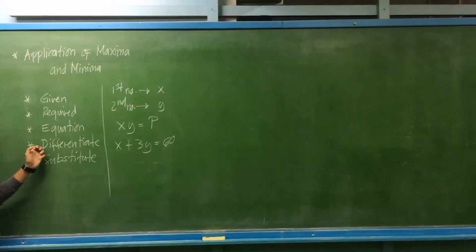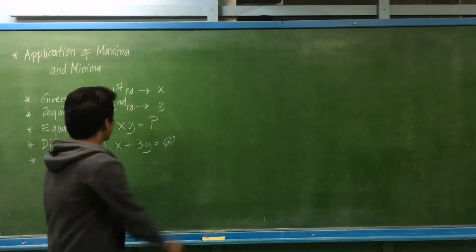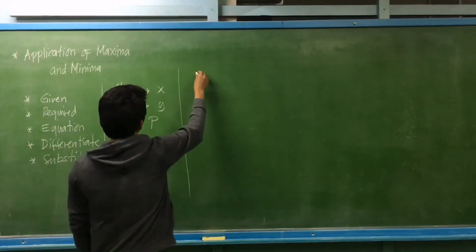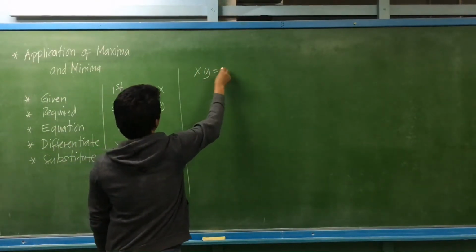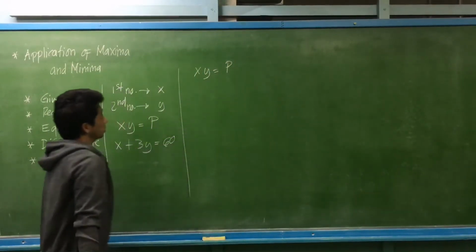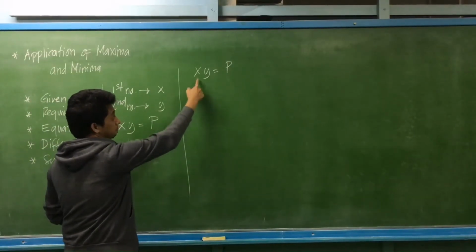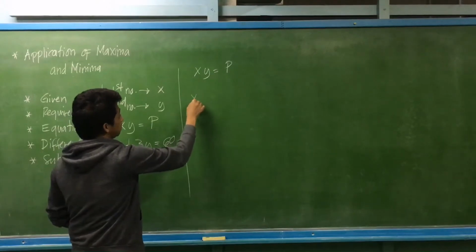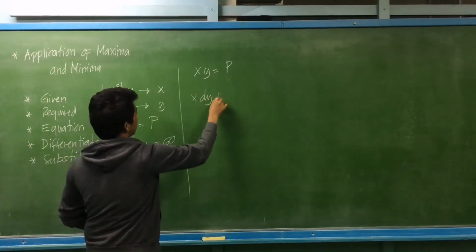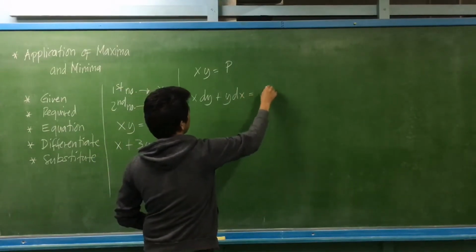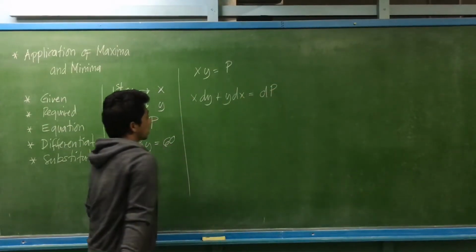We are now to do differentiation. For the first equation, we have xy is equal to the product. We take the derivative of a product: first term times the derivative of the second term, plus the second term times the derivative of the first term, is equal to the derivative of the product.